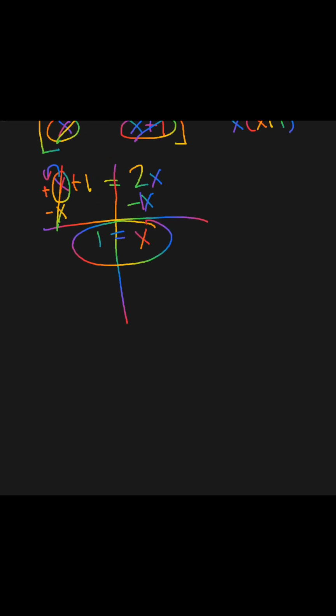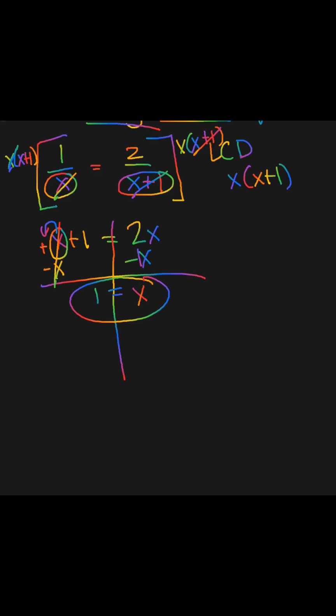Perfect. Let's go ahead and, I forgot, we have to check for restrictions. When I say check for restrictions, we have to make sure our answer doesn't make our denominator 0. So if we substitute in 1 for x, that would be 1 over 1 equals 2 over 1 plus 1.